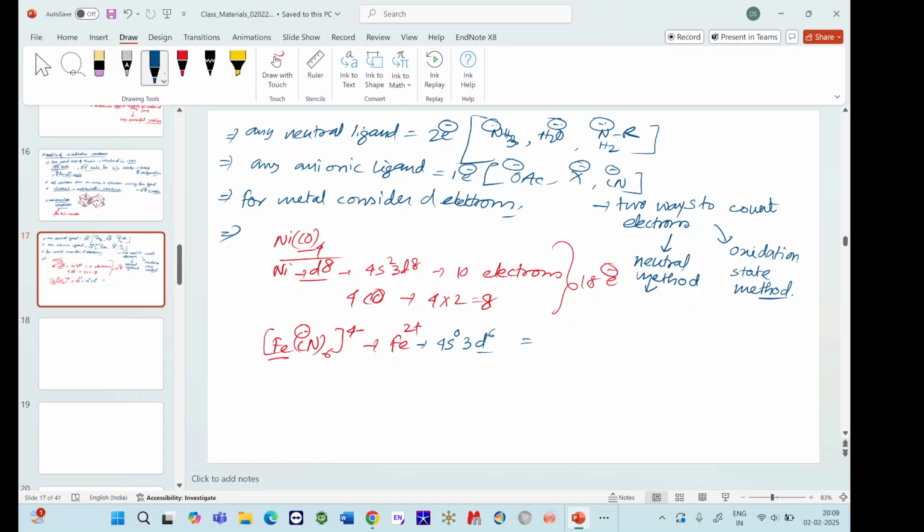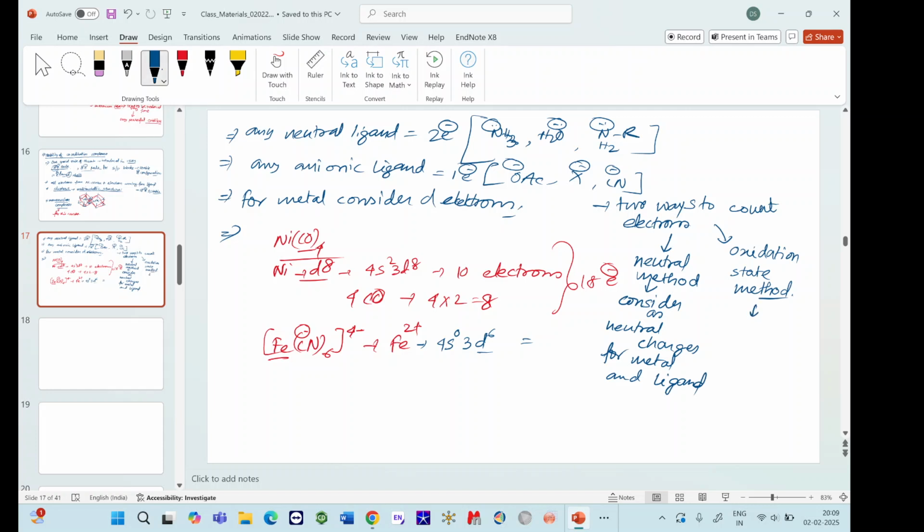So in the neutral method, you consider neutral charges for metal and ligand. Then altogether you take the charge outside.